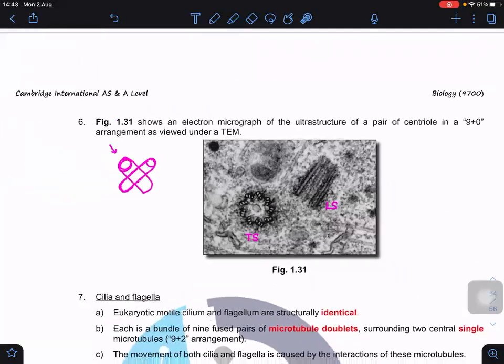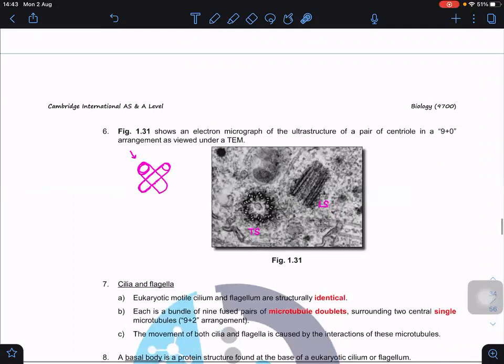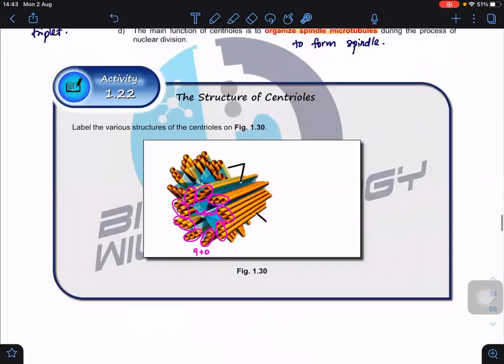Are you clear? This must be a centriole, arranged in a 9 plus 0 arrangement. Okay, now label. You can see that this is the centriole pair. A pair of centrioles consists of the microtubule triplets. In total we have 9 of them to form this microtubule triplet.